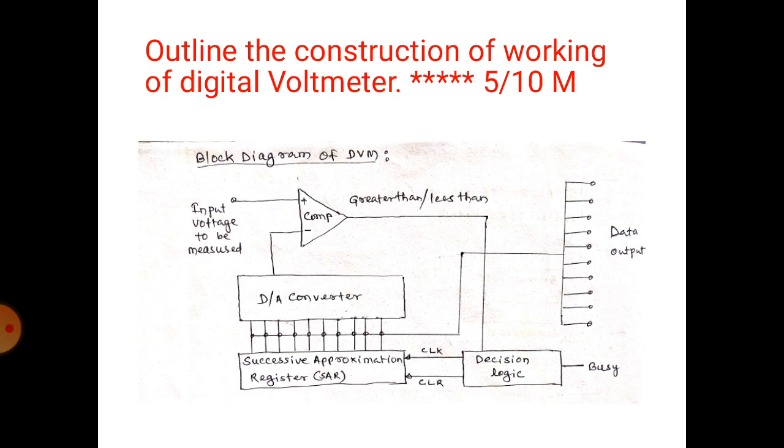So the different blocks of digital voltmeters are comparator, digital to analog converter, then successive approximation register, it is also called SAR, then decision logic, data output, and the input to be measured is given to one input of the comparator.